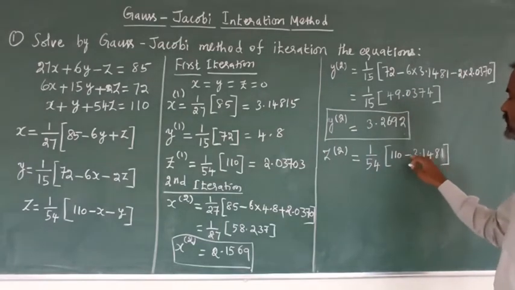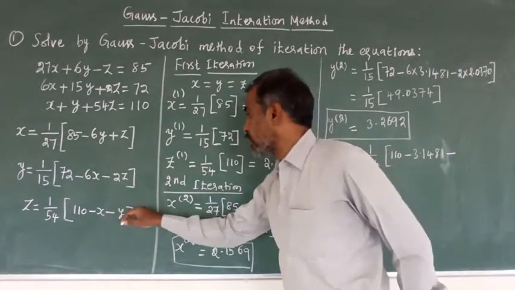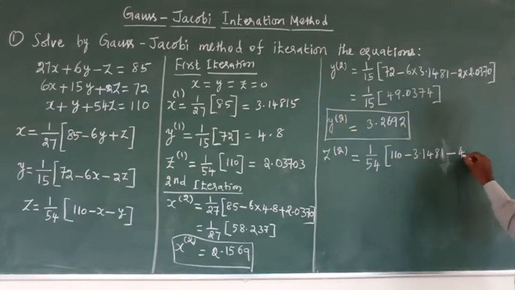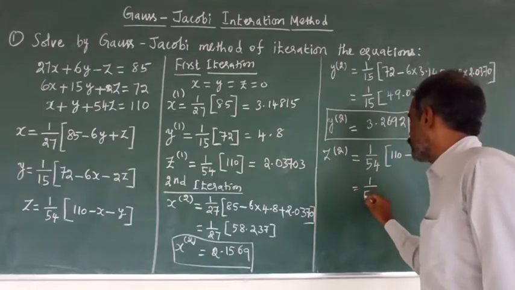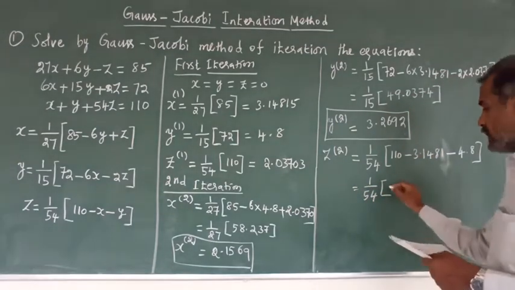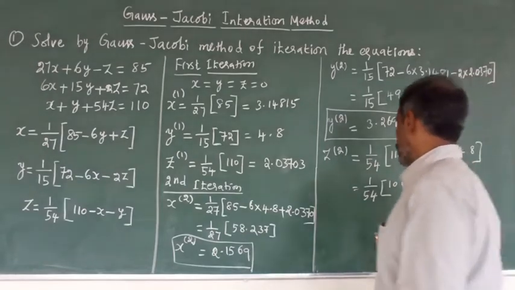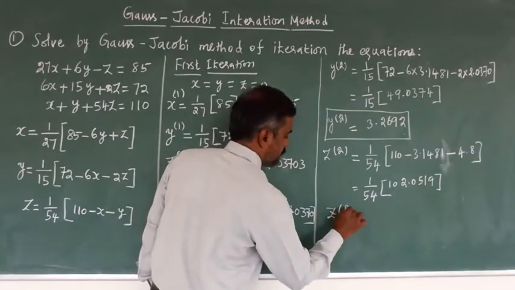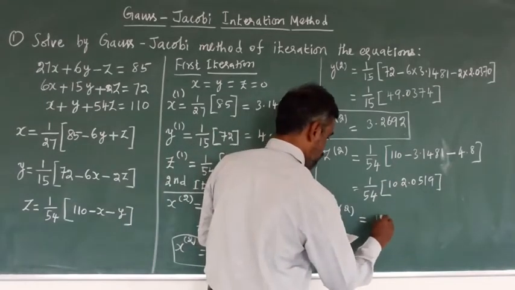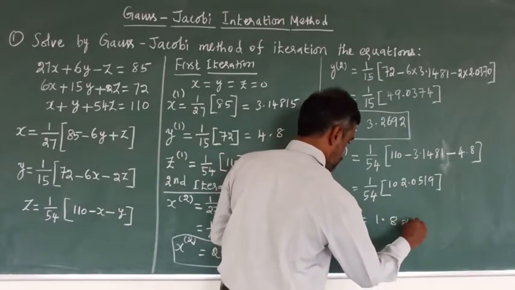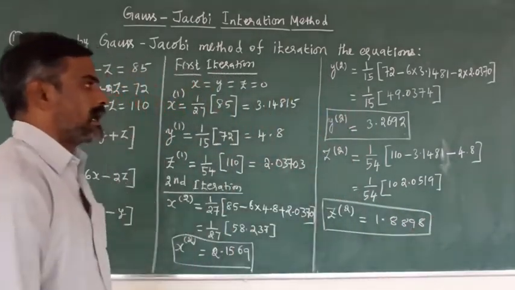Now simplify this: 1/54 of 102.0519. Dividing these two, the result for the second iteration is 1.8898.